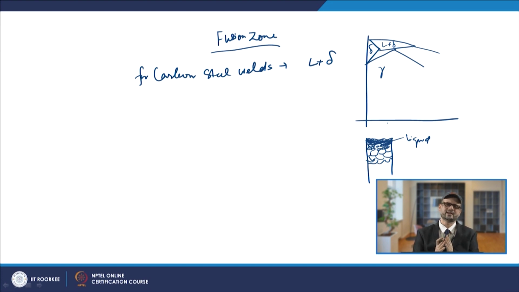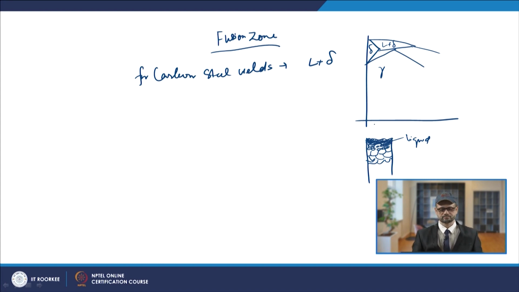On one side you certainly have the weld metal zone, but when it ends, because it is very sharp, many a times we call it a fusion boundary. Then the heat affected zone starts further.